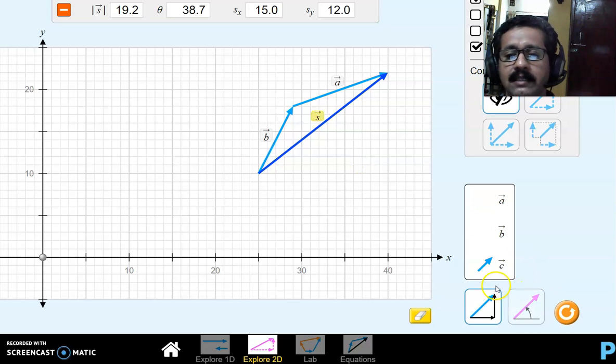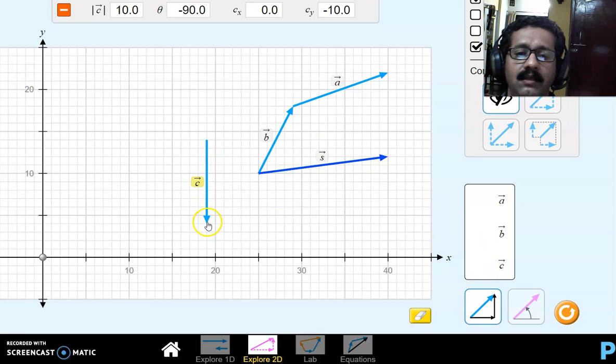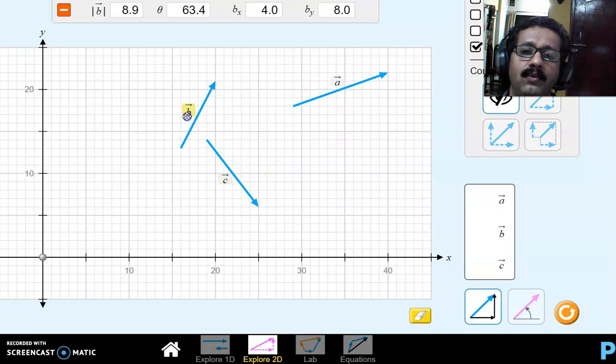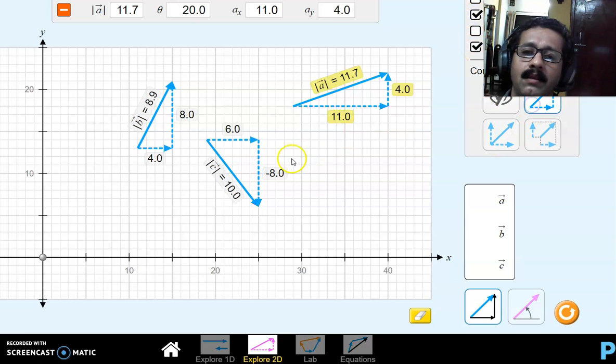But of course I can take this vector c somewhere here, and if I take this vector here, then it will give me the sum of a, b and c, that will be given here somewhere. So if you have vector a here, it is 11i plus 4j.